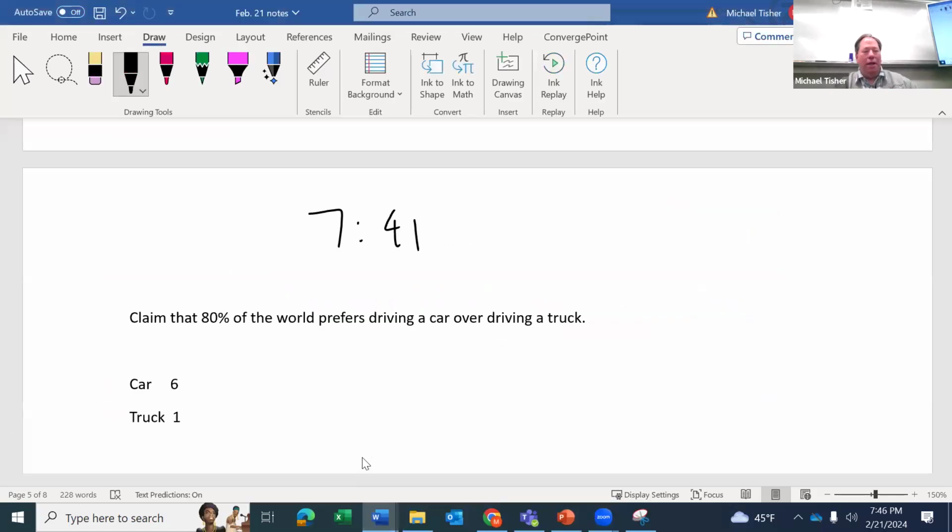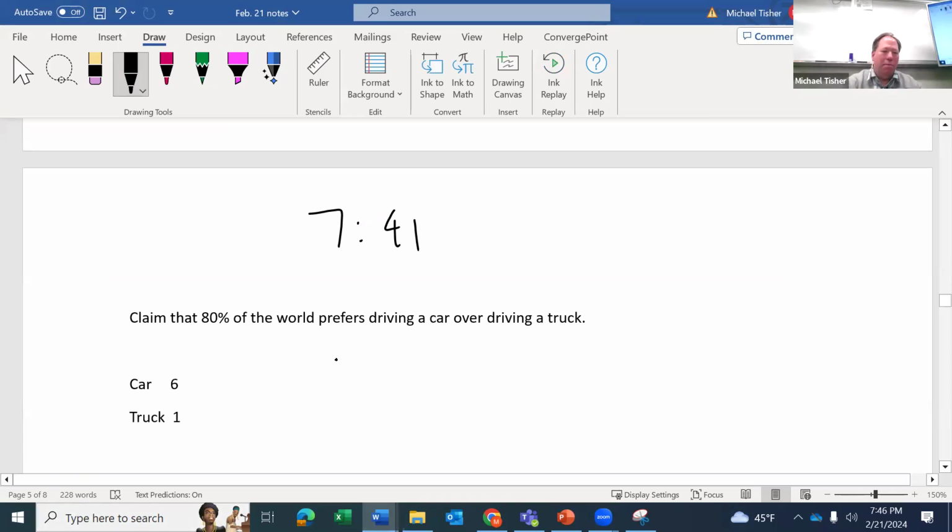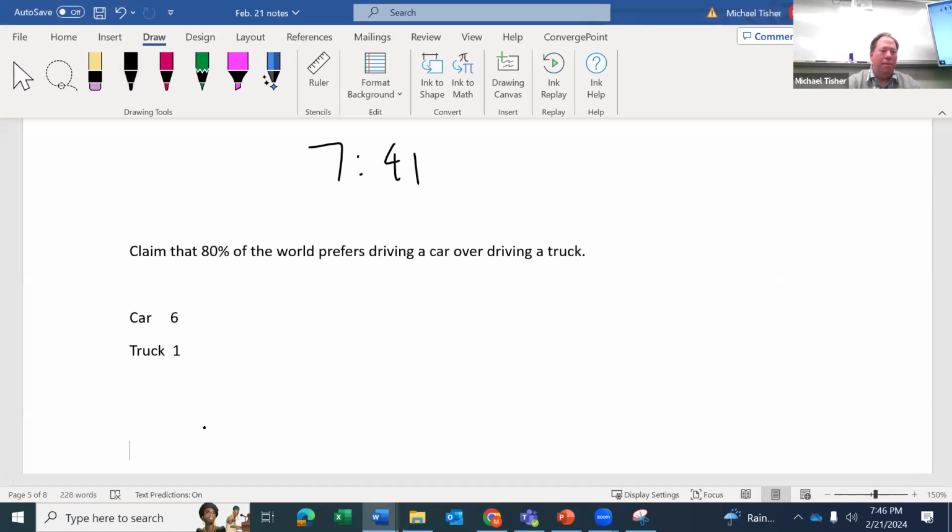Okay, so we're gonna go back to the car over a truck. So I claim that 80% prefer driving a car over driving a truck. And out of this class, 6 prefer a car, 1 prefers a truck. So let's do the hypothesis test checklist for this.